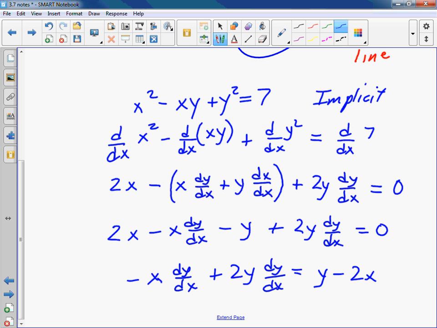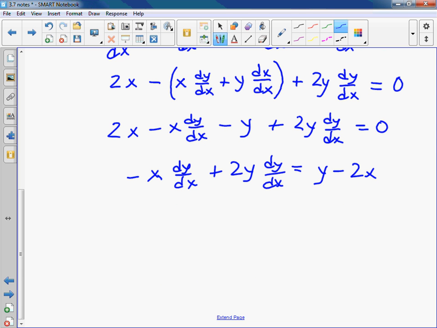Okay, that should work. And notice right here we have a dy dx in both terms, so we can factor that out. dy dx times the quantity 2y minus x.